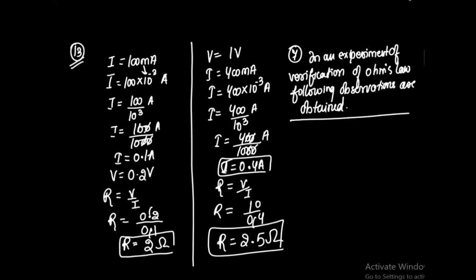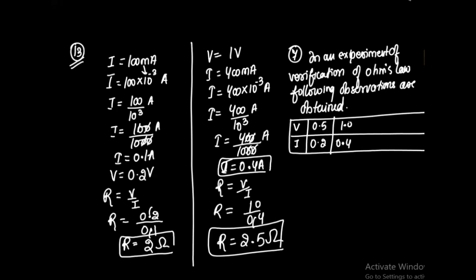Let's see what observations are obtained. V and I: potential difference 0.5 for 0.2. Then it is 0.4. See, it has doubled. 1.5 at 0.6. Then 2.0 at 0.8. And then 2.5 at 1.0.